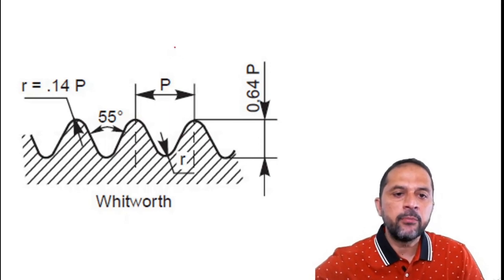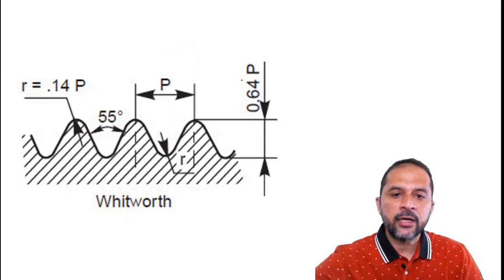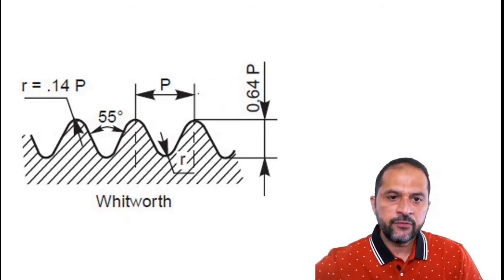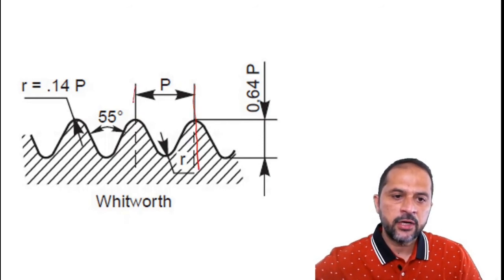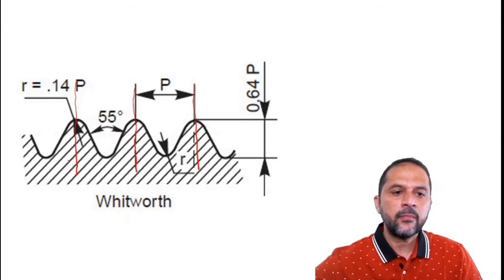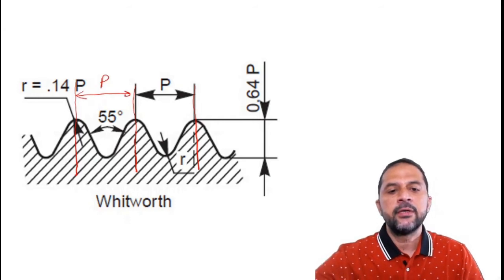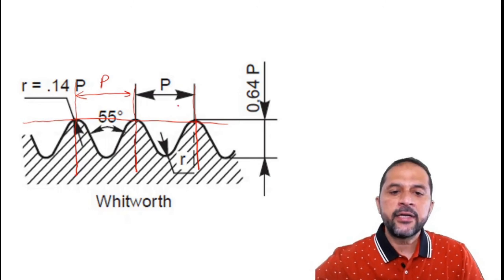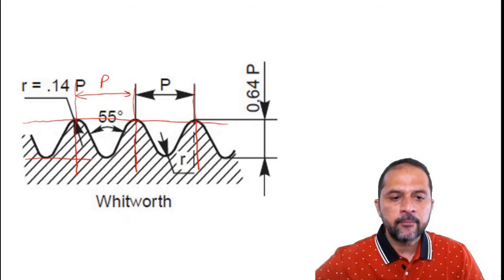First, the value of P will be given to you, then you calculate the other values in terms of P. Then we draw these vertical center lines at the distance P, draw another horizontal line just for guidance, and at the distance 0.64 P we draw another horizontal line.